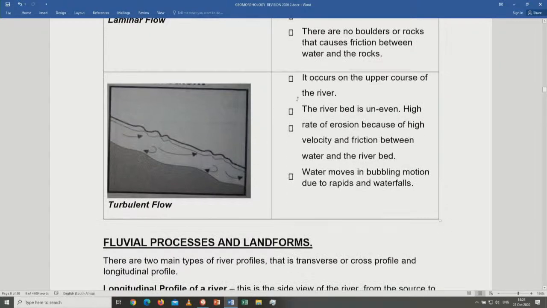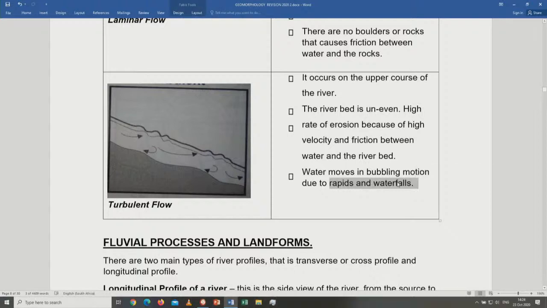And then turbulent flow also occurs in the upper course of a river. That is where a river is uneven. So there's more friction that is taking place. And also, if you look at the features that are formed at an upper course, in most cases we say rapids and waterfalls will form there.